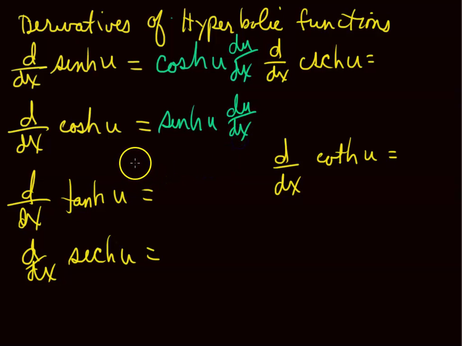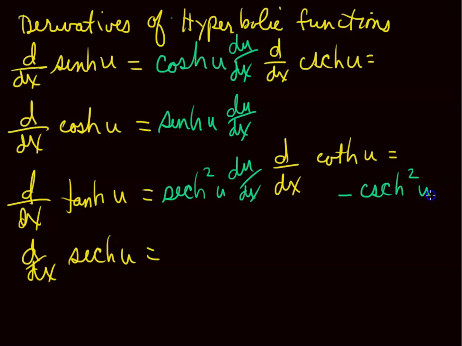The derivative of tanh u, same idea, sech squared u du dx. The derivative of coth is a negative cosech squared u du dx. So those are similar, although the derivative of cosh is positive sinh. These have worked sort of the same. The tanh and the coth are the same.